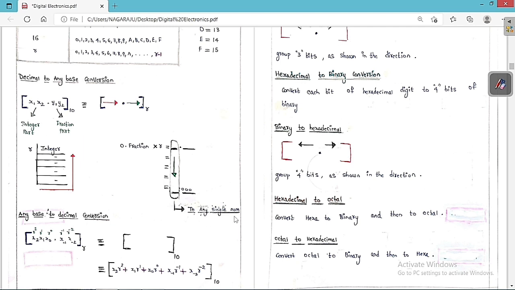Continue this procedure until you get a single number, and collect all the numbers before the dot. If you collect all these values and keep them in this way, this is how we convert the decimal number system to a base number system.